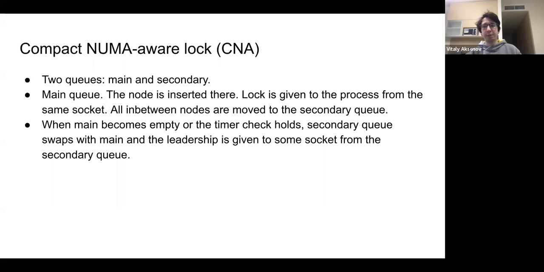It is a little bit trickier here, because it is better to pass the lock to the same socket. I think this is clear intuition for you. All in-between nodes are moved to the secondary queue. We just take the whole sub-queue and move it to the secondary. When the main queue becomes empty or the timer fires, we swap the secondary queue with the main queue. We just simply swap them.